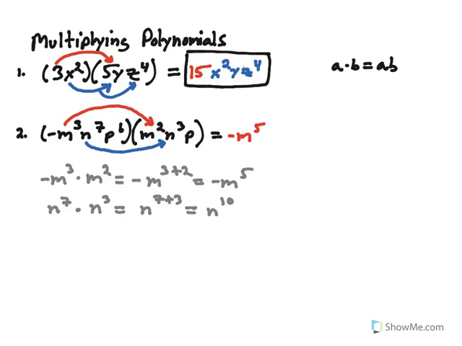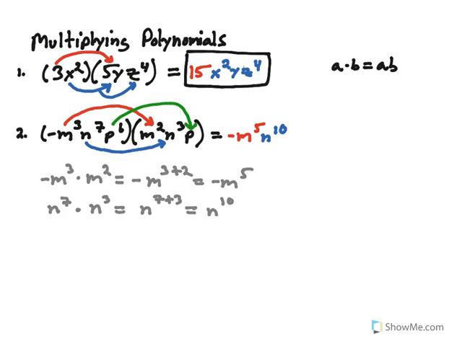Notice I'm just putting all the variables next to each other, because that's what you do when you multiply different variables. And then the third thing is that we're going to take the p to the 6th and multiply that by this p here.